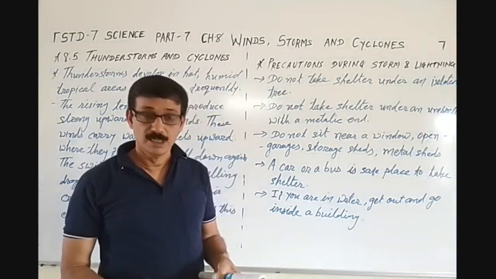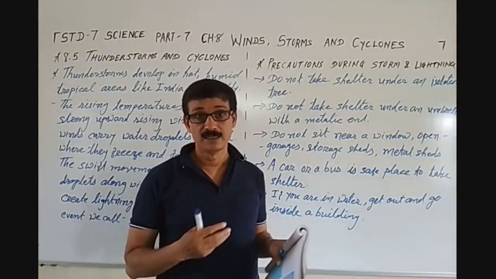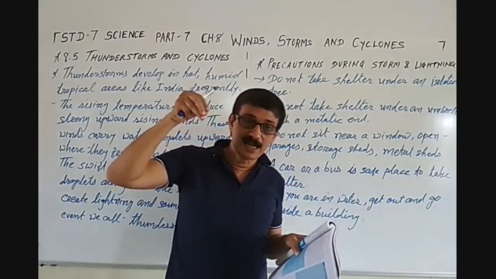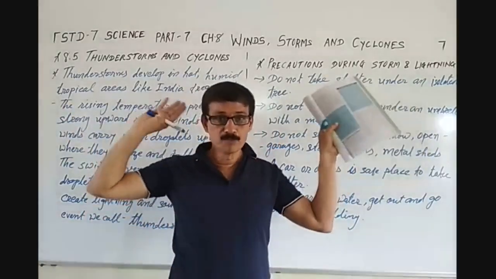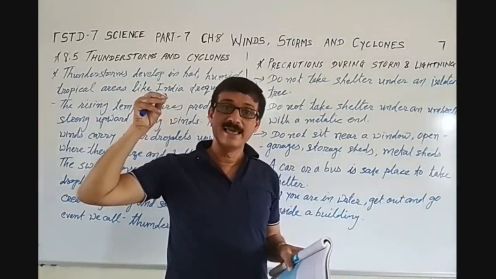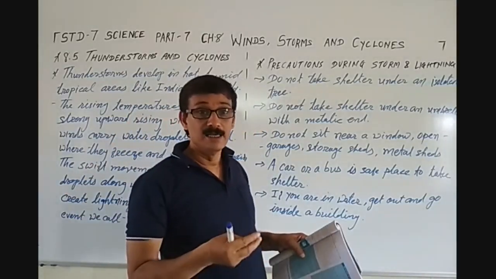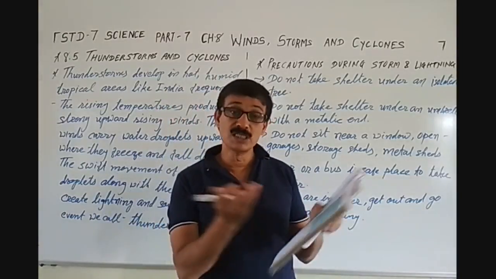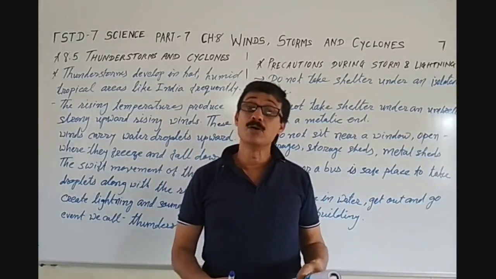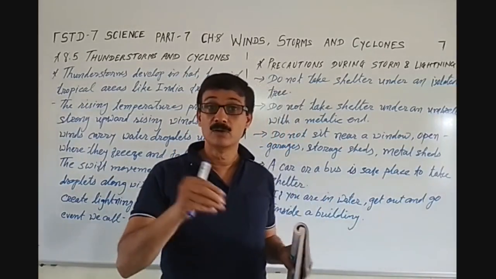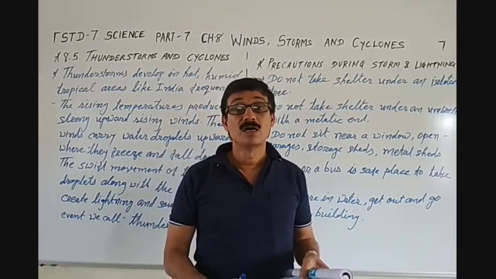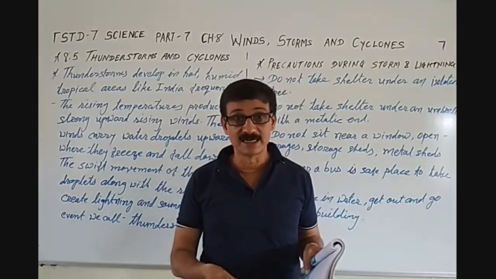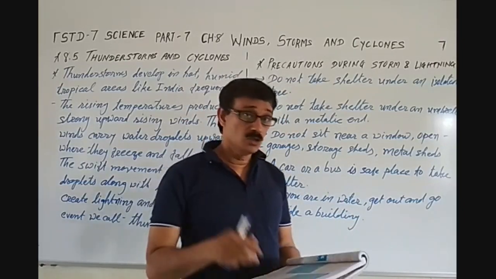If you are in a forest, take shelter under a small tree, because a small tree is less wide and the chances of lightning falling on it are lower. If the tree is very big, the chances of lightning falling on it increase. And do not lie on the ground, because the earth is also a conductor of electricity. In lightning there is electricity, that is why.